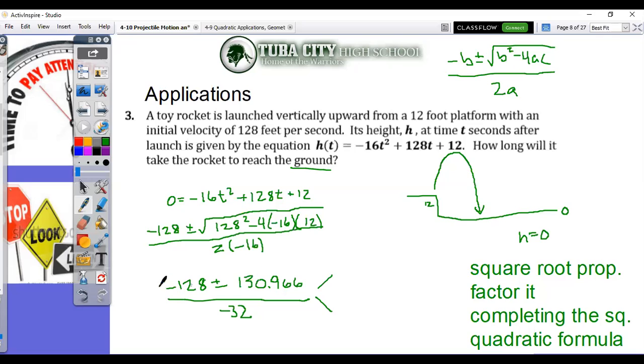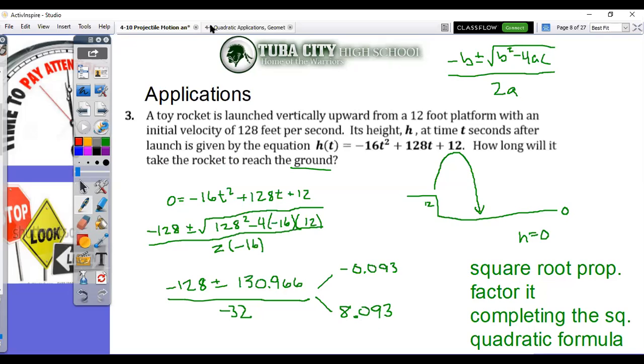So this is 130 minus 128. That is a tiny number. We would actually get not 0, but 0.093. And if I did it the other way, negative combined with a negative is a bigger negative number on top, and negative divided by negative is positive. So in this case here, I would get 8.093, and that would be a positive number.